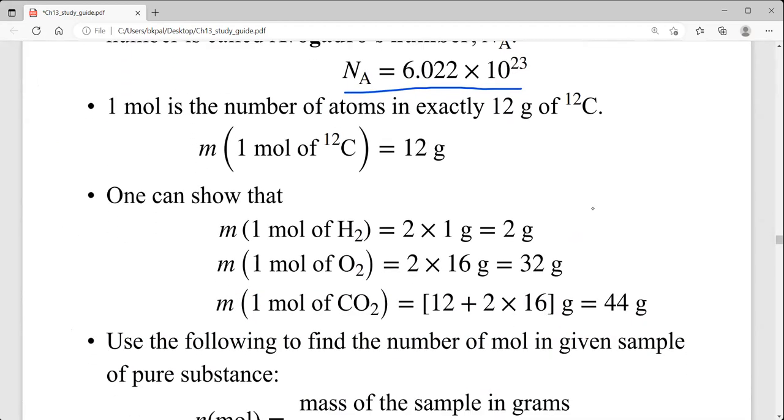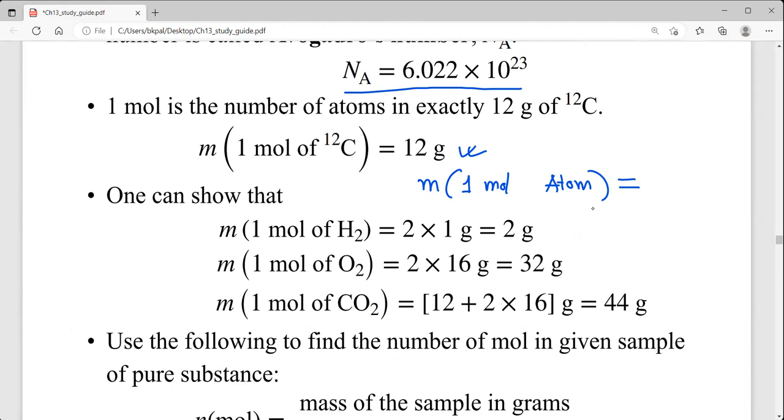Now with this definition you can also show the mass of 1 mole of any atom. If you want to know the mass of 1 mole of any atom, you need to know the atomic number of this atom.